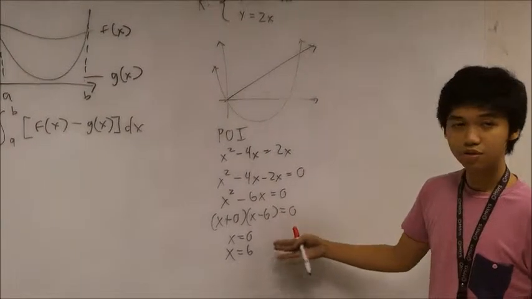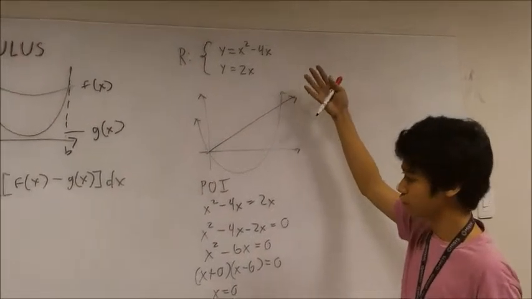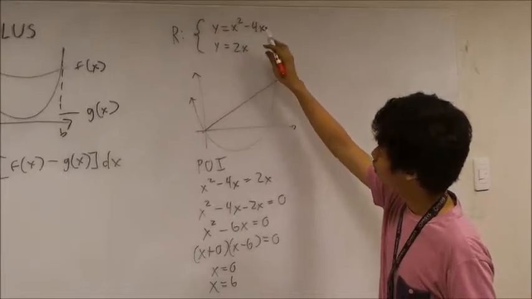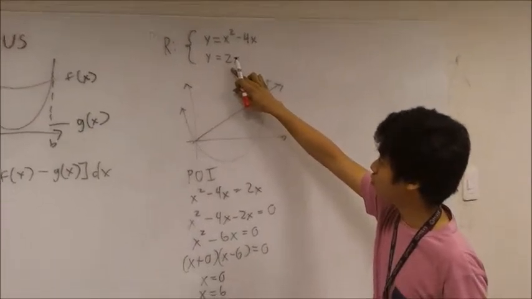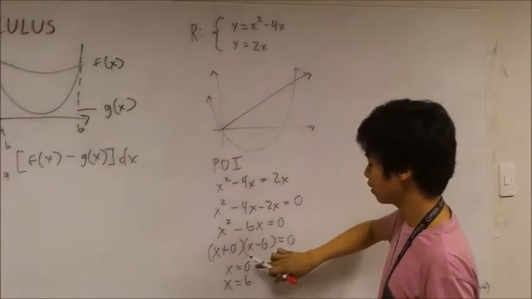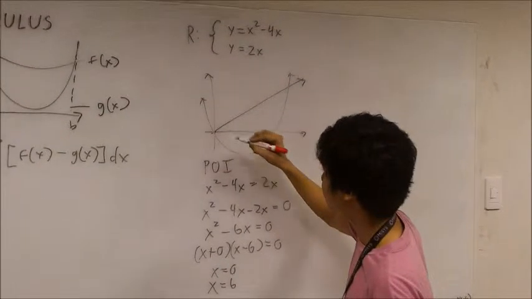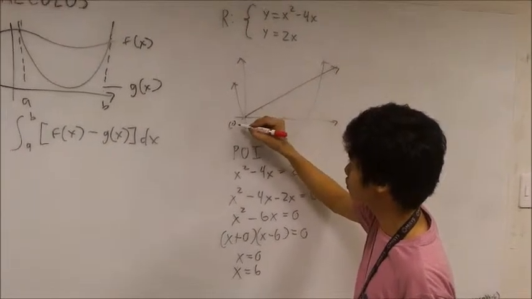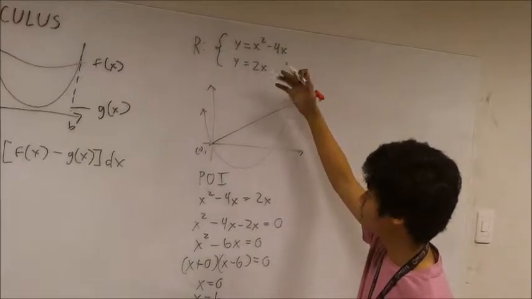So we can use these values and plug them into either of the two functions. So let's say if x equals 0, we can plug it here in y equals 2x. So it will be y equals 2 times 0, which is 0. So if we have x equals 0, that is the first point of intersection. The first coordinate is of course 0. And to look for its y, we can plug it in any of the equations.